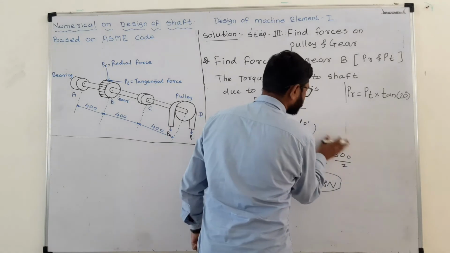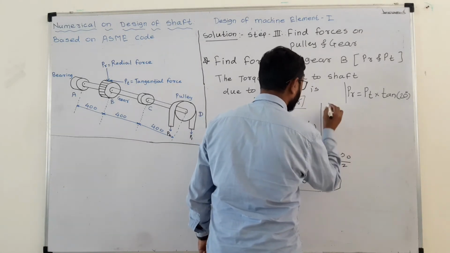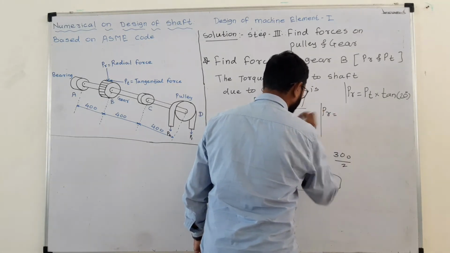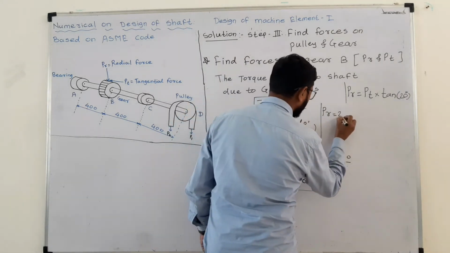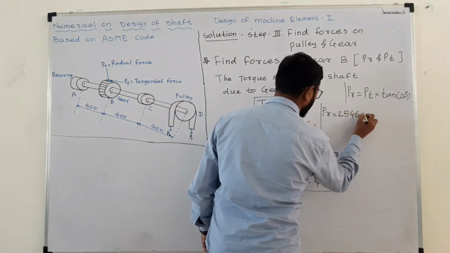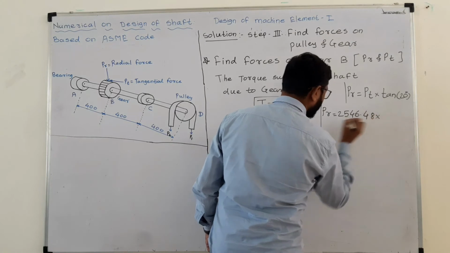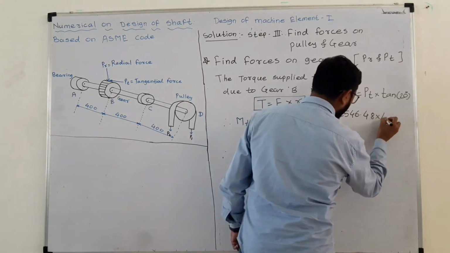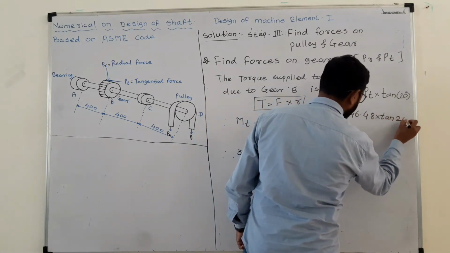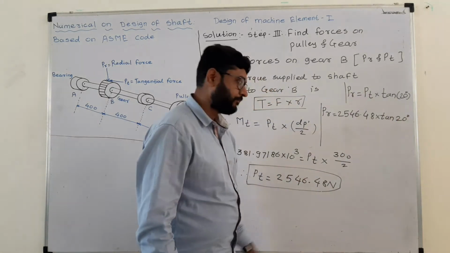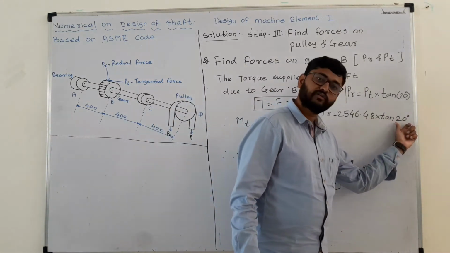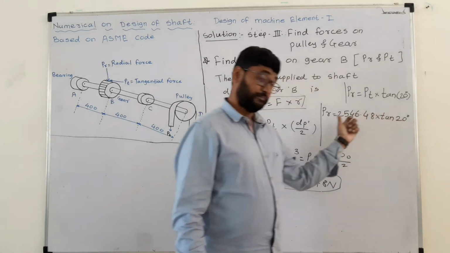So PR is equal to PT, 2546.48, into tan of 20 degree. Here 20 degree is given as the pressure angle.